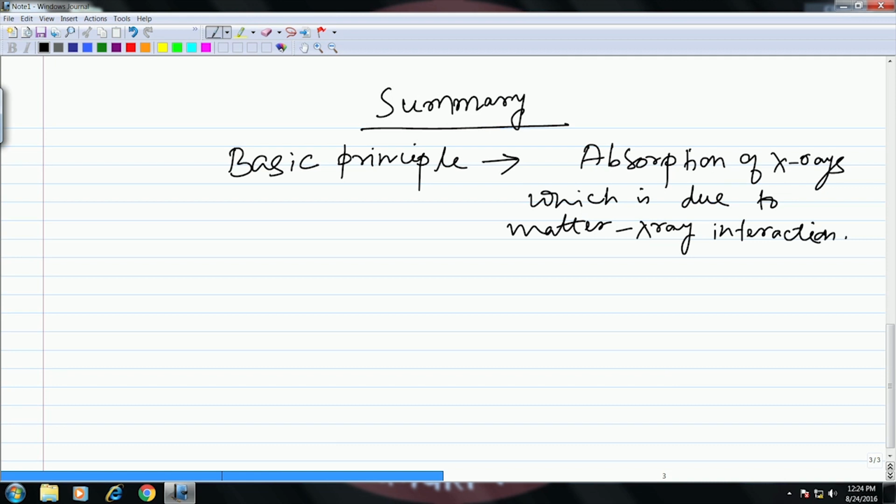Then we derived an expression for this absorption phenomenon, which is like this. Okay. And as I said before, this forms the basis for radiographic testing.